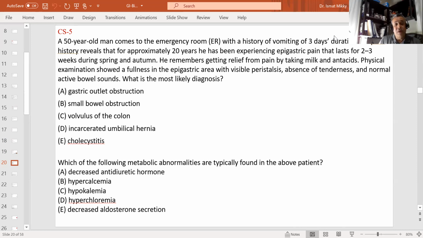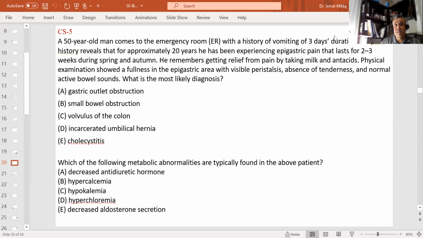In a patient who is known to have had symptoms of peptic ulcer disease for many years and presents with nausea and vomiting, we have to consider gastric outlet obstruction. The obstruction can be the result of the exacerbation of the ulcer and the subsequent edema of that ulcer.